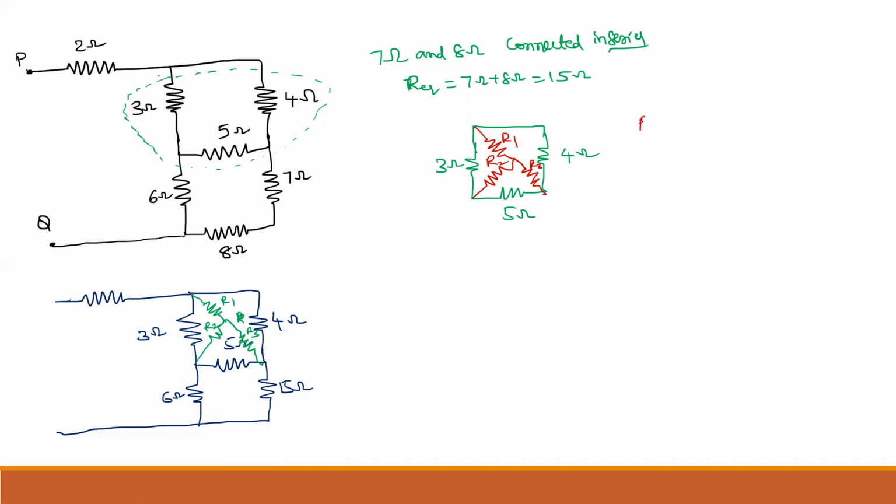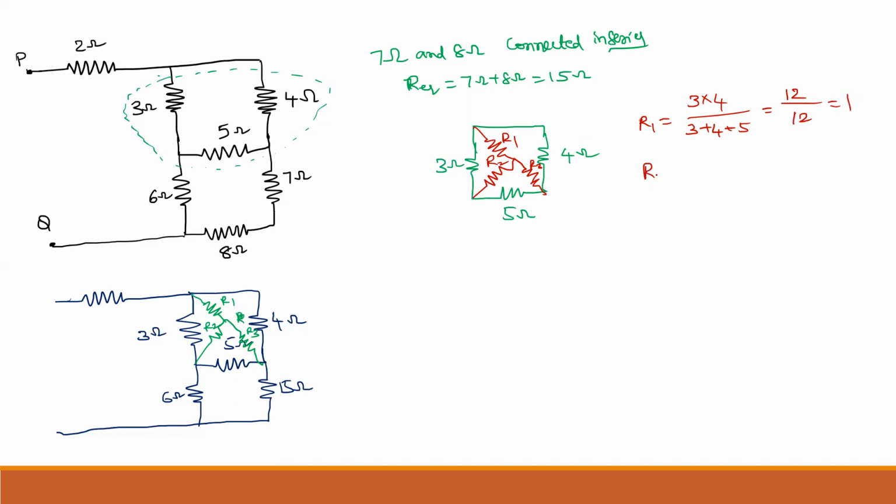As we know, you will go outside and have two friends, one is 3 ohm, another one 4 ohm. 3 times 4 divided by, you hang out with these two people, 3 plus 4 plus 5. 3 times 4 is 12, divided by 4 plus 3 plus 5, which is also 12. So here R1 will become 1 ohm.